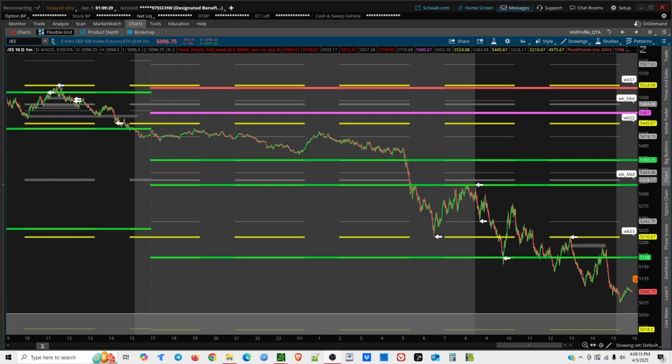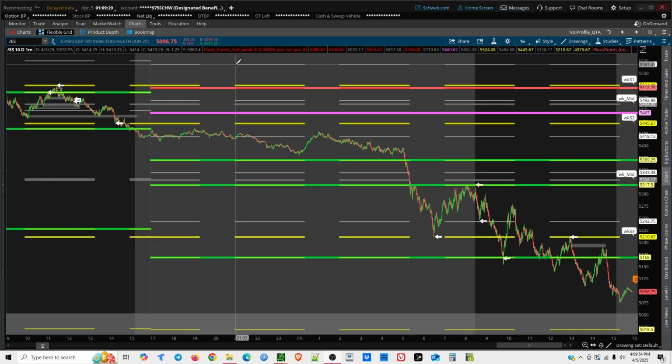So here we are, second day into the Trump tariffs, and this is my ES chart, and I have two sets of pivot points on this chart. I've got the daily pivots, which you'll see with thinner lines and lines that begin with the overnight open, which would be this line, this line, this line, this being the main pivot, this line being a resistance level, and then more resistance levels above this.